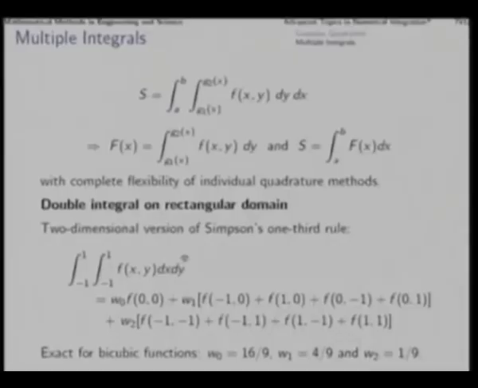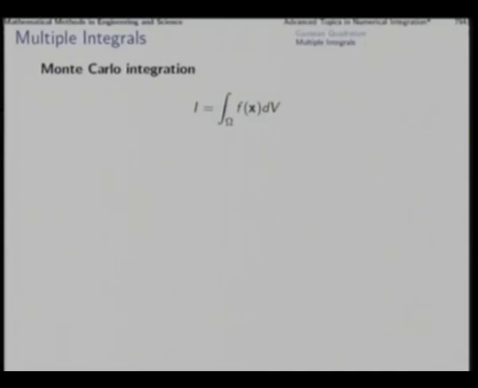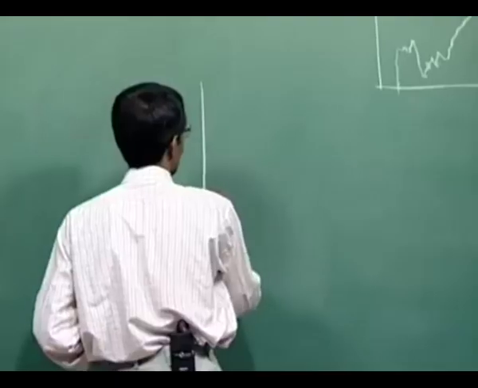So, this will be exact up to bicubic, but this is not what we want to discuss. I will discuss here quickly a very powerful integration method called Monte Carlo integration, which is a stochastic method, and it is very useful for evaluating multiple integrals over very complicated domains.